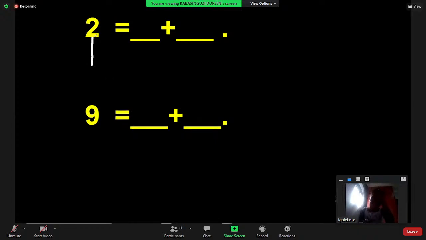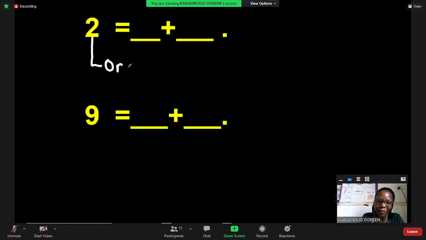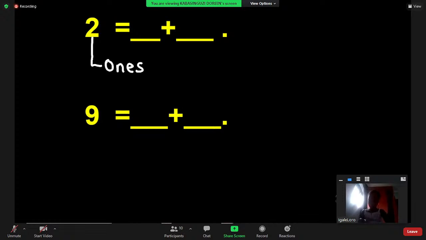We first write its place values. What is the place value of 2, Lauro? It is 1s. Do we have any 10s here, Lauro? No. We don't have. So how do you expand this number? Tell me. You draw 2 on the second one.